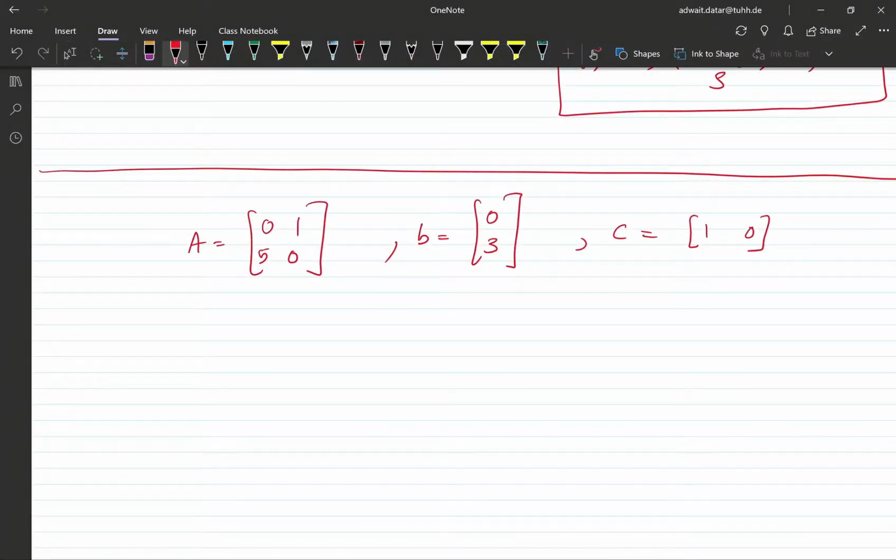So we can just write down the differential equation governing this, which is y double dot equal to 5y plus 3u.